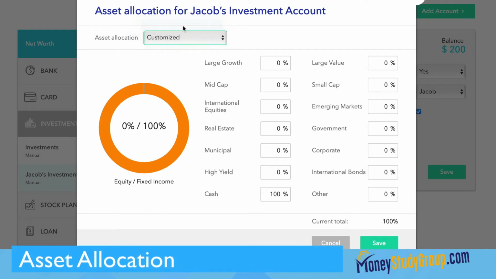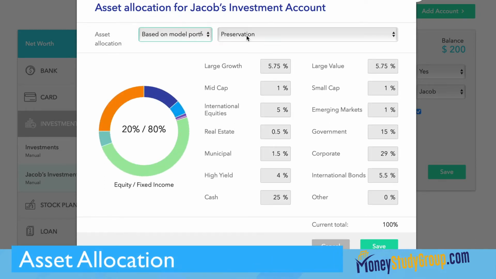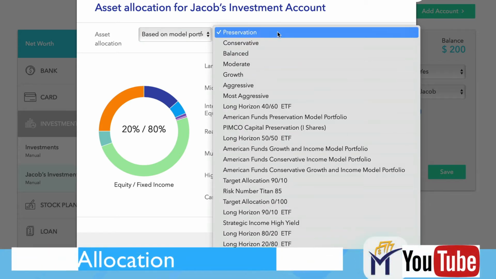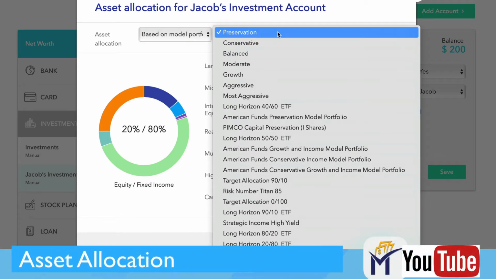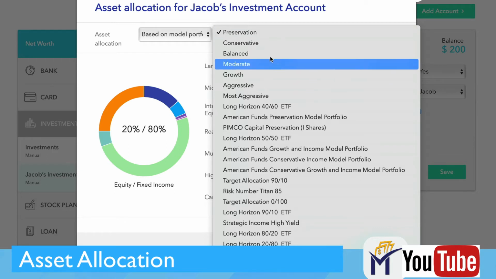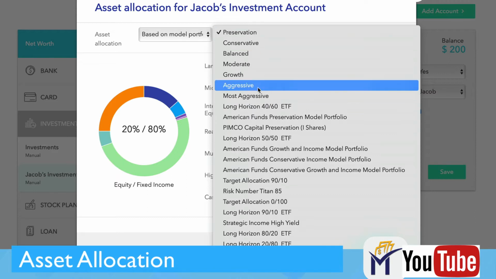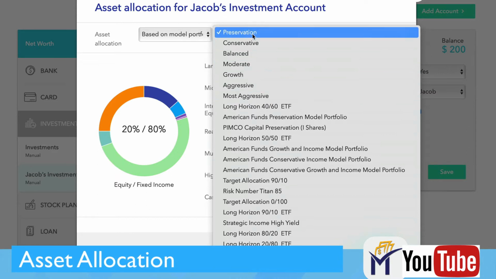So let's just change it to based on a model. And you can see that you have these options. These are pre-built portfolios with different asset allocations. I would just focus on these top 5 or 6, 7.